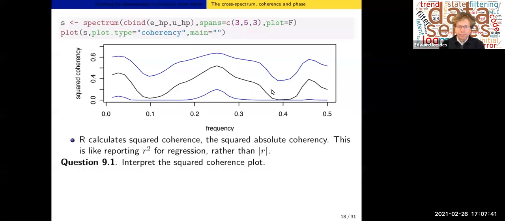And let's say we see that the coherence is strongest. I'm going to look at the period rather than the frequency.